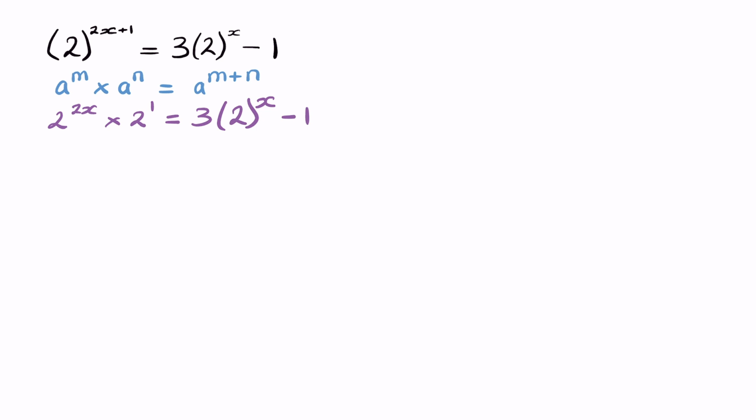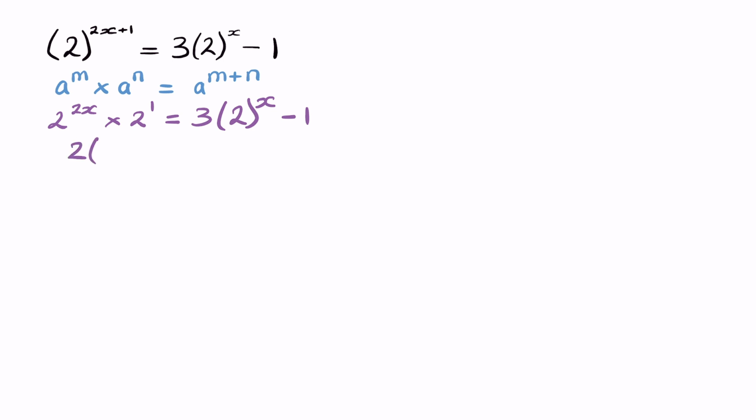Now, what I'm interested in doing here is isolating this 2 to the power of x so I can possibly substitute it. Well, firstly, this 2 to the power of 1, that's just 2. So let's take that here. That gives me 2 there.